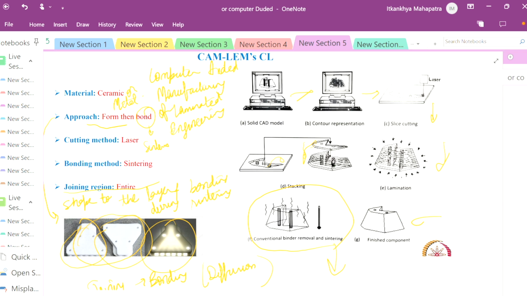Suppose we are using aluminium, we use 30 micrometer, and for titanium alloy we use 50 microns. It varies from company to company, because if the powders that we are getting from the company are of similar size, then we don't need to regulate the thickness of the layer. So this is the advantage and disadvantage of this process.